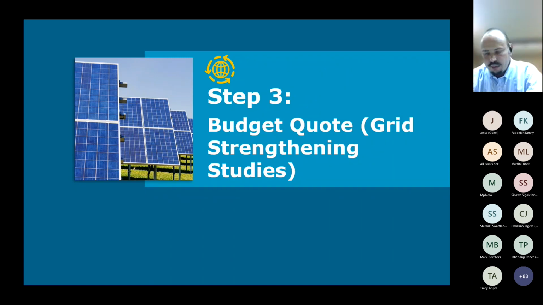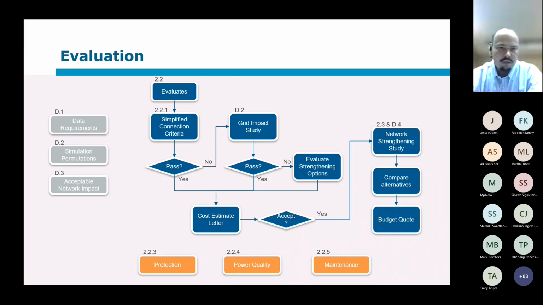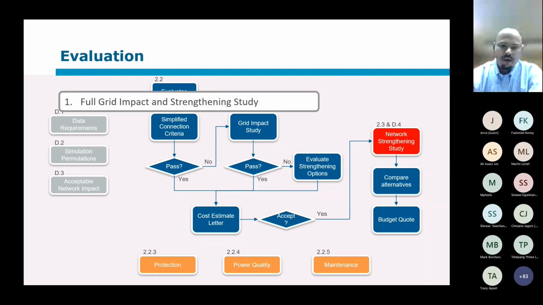Okay, now we are running into the quiz time already, but I think this does connect very well. We have discussed most of this, and actually we've discussed the fact that once the customer accepts the cost estimate and he pays the quotation application fee, then you will go to do the network strengthening study, which is the full grid impact study.